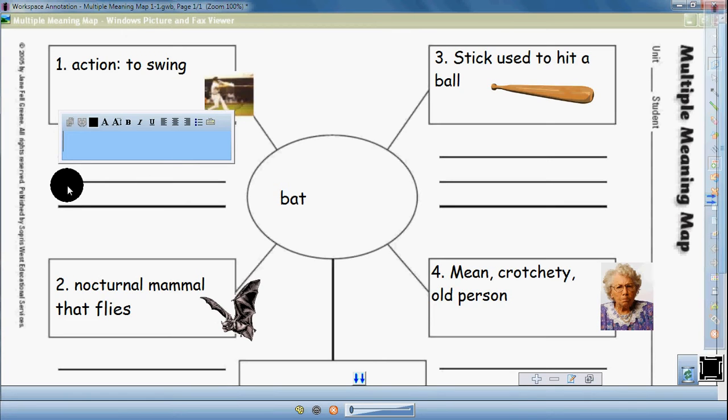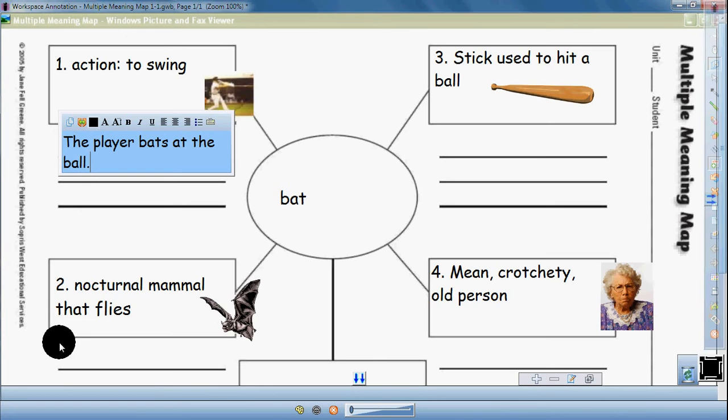You can see the picture there. A good sentence would be, the player bats at the ball. Okay? Write that down for number 1. The player bats at the ball.